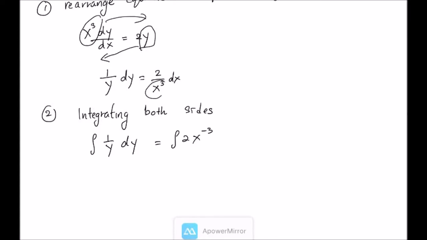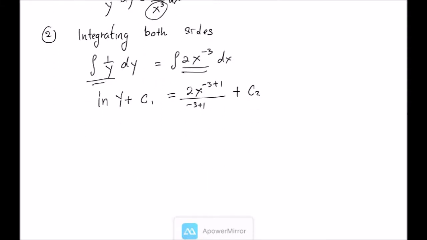You bring the x^3 up to the numerator, so you get 2x^(-3). Then integrating 1 over y, you get ln y plus c1, equal to the integral on the right: 2x^(-3+1) divided by (-3+1), plus c2. Simplifying, you get 2x^(-2) divided by -2 plus c2.